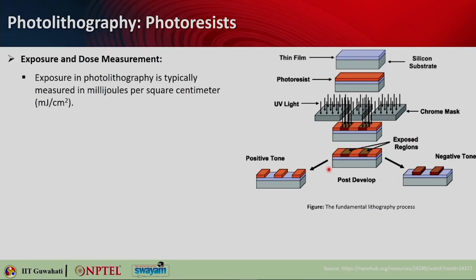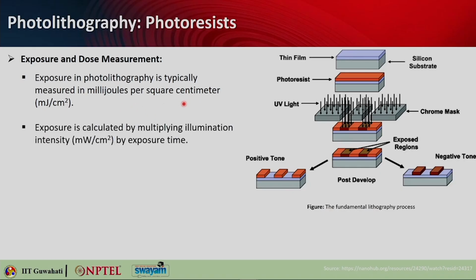There are important parameters in this process, such as the light exposure and the dosage. The exposure in photolithography is typically measured in millijoules per centimeter square, and exposure is calculated by multiplying the illumination intensity, given in milliwatt per centimeter square, by the exposure time.